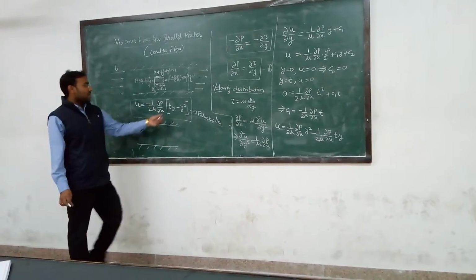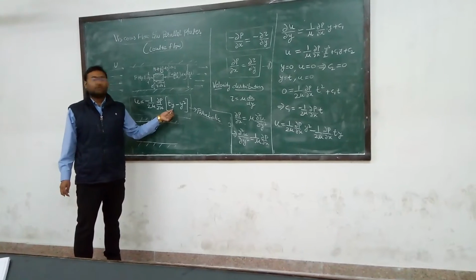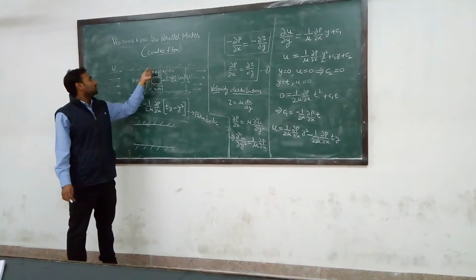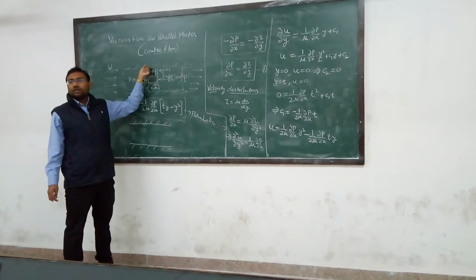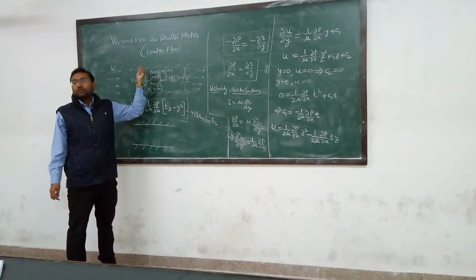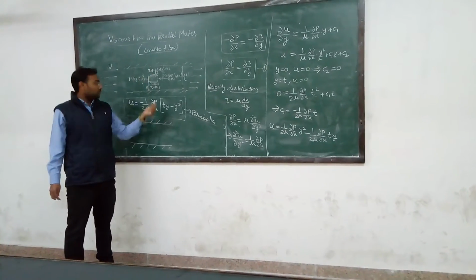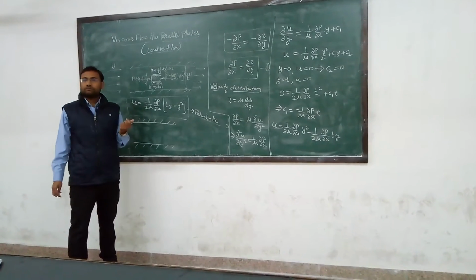just substitute the value y equal to 0. So y equal to 0 means either this surface or this surface. Or you can say y equal to t. So if y is equal to 0, then the velocity will be 0.